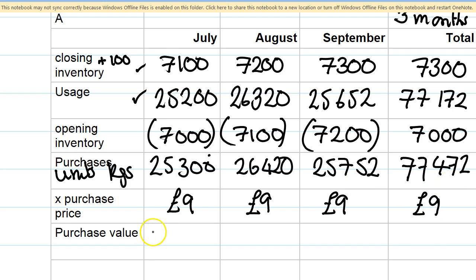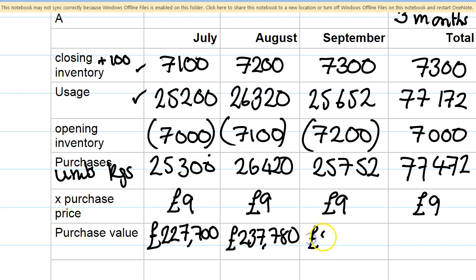So I'm going to have to buy, in pounds, 227,700 pounds worth of material A in July, 237,780 pounds in August, 231,768 pounds in September.